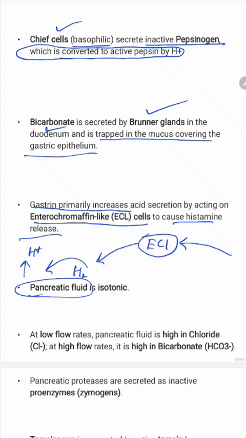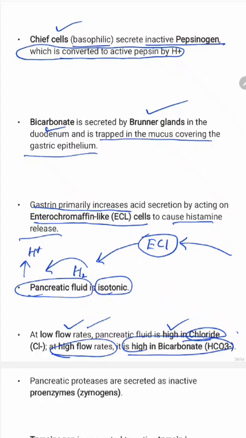Now, pancreatic fluid, so it is isotonic. At low flow rates, pancreatic fluid is high in chloride. At high flow rate, it is high in bicarbonate. So now when pancreas is secreting the exocrine fluid, as we know that pancreas is exocrine and endocrine, it's having both functions.